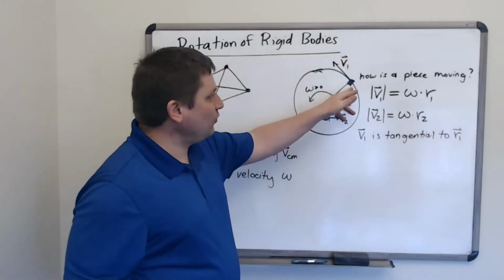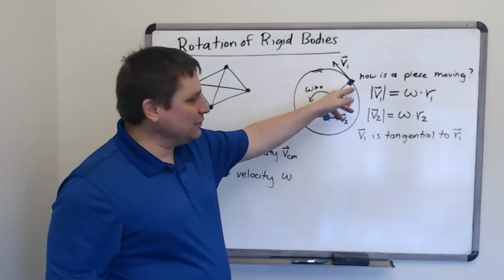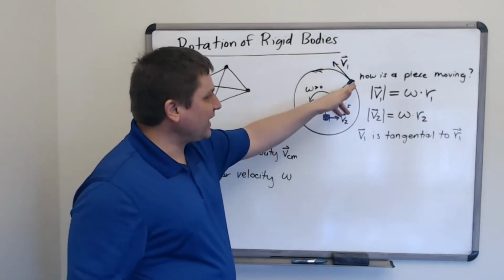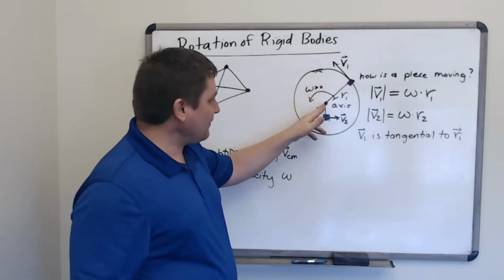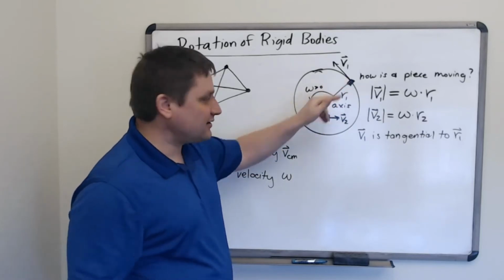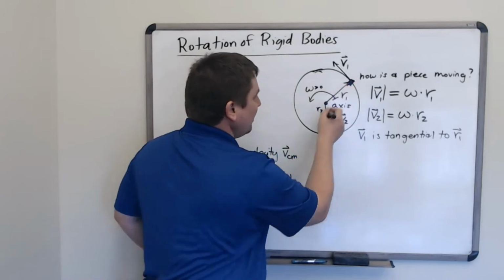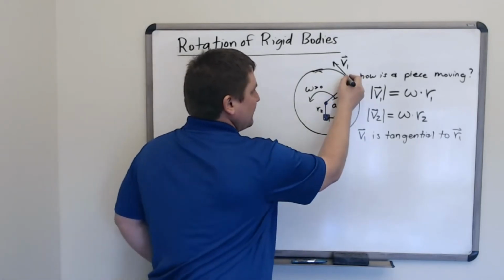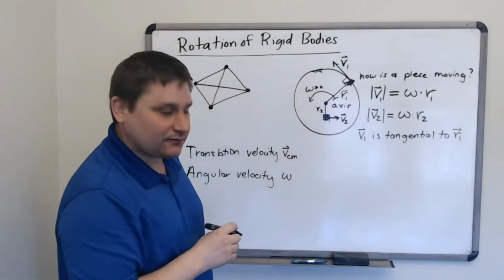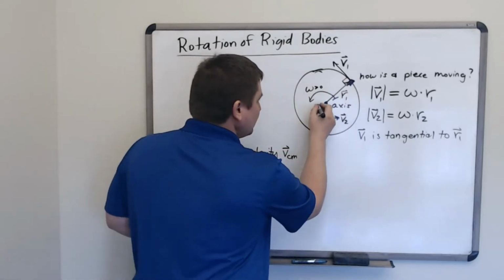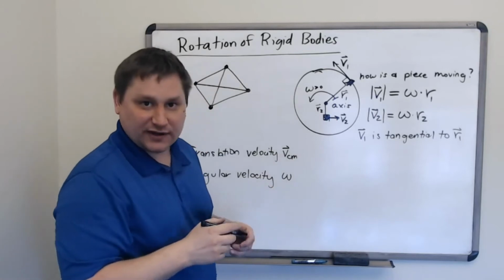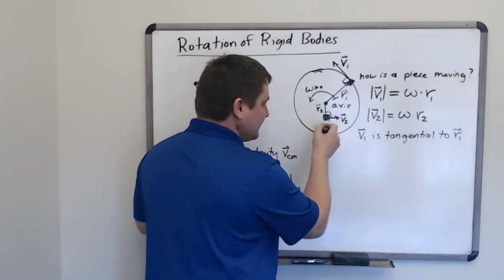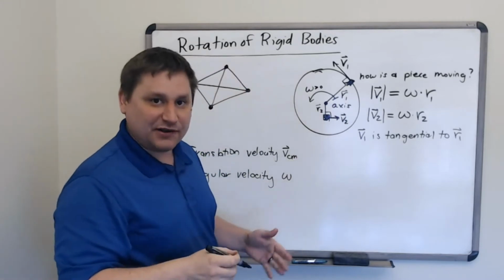So at location 1, this piece is moving in a direction that's perpendicular or tangential to the radius 1 vector. From the axis to its location is a position vector, r1, and v1 is perpendicular to that. For object 2, its position vector points downwards, and so its motion is in a direction that's perpendicular to that position vector.